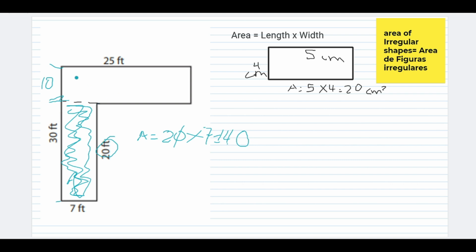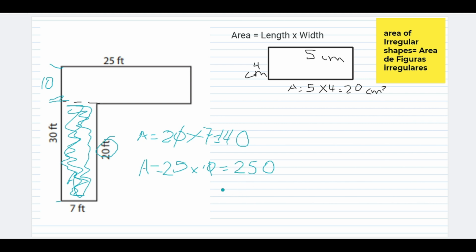We don't need the length because it's here already. So the area of the second rectangle is going to be 25 multiplied by 10. How can I multiply 25 by 10? It's very easy. You eliminate the 0 and copy it here at the same time. Then you only multiply 1 times 5 and 1 times 2.